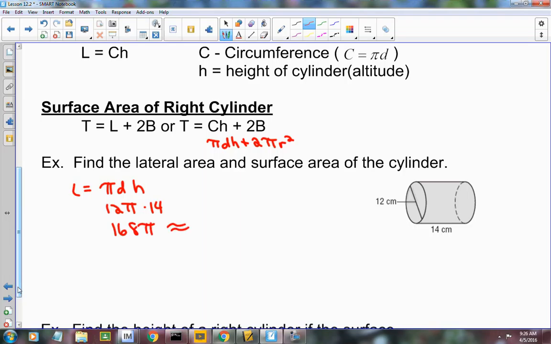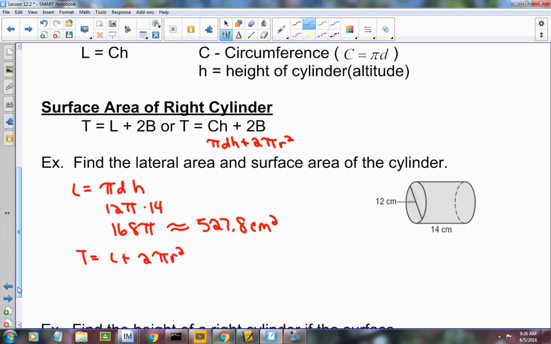And that's important to keep hold of because we want to use that when we go to find the total. But the estimation would be 527.8 centimeters squared. Now we want to do the total. Okay, and the total is the lateral plus 2 times the area of the base, which is pi r squared.